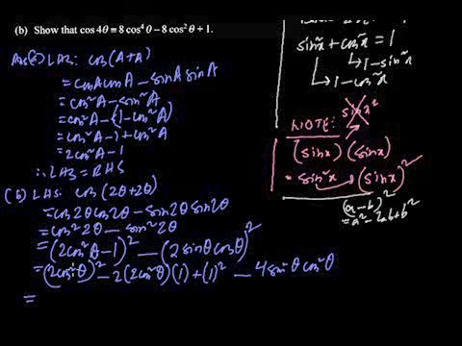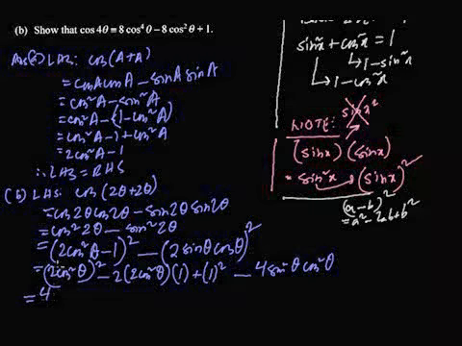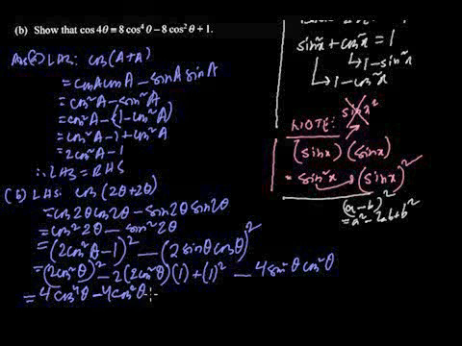So (2 cos squared theta) whole squared is going to be 2 squared is 4, cos squared squared is going to be cos to the power 4 theta. Remember, the power is not on the angle but on the cos. So 4 cos to the 4 theta, minus 4 cos squared theta, plus 1, minus 4 sin squared theta cos squared theta.